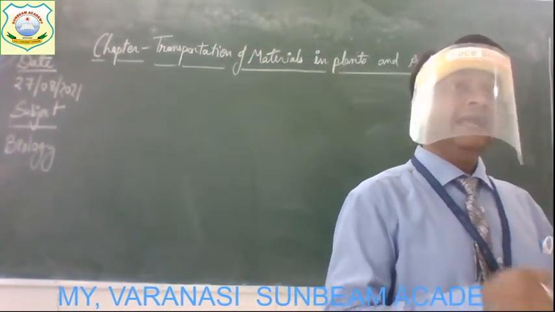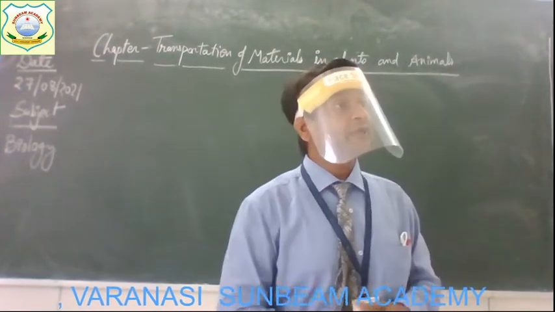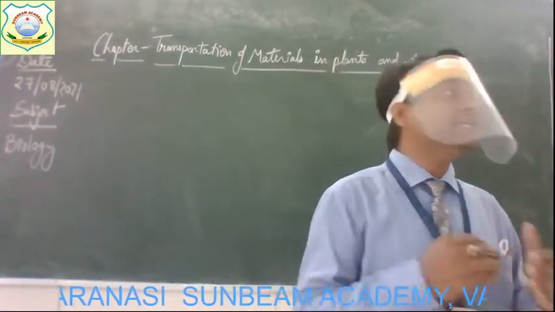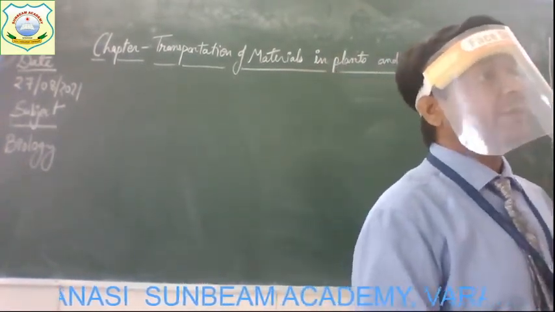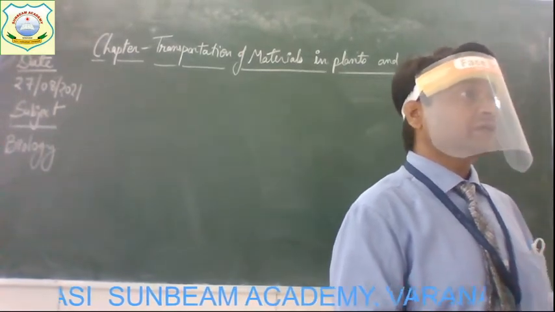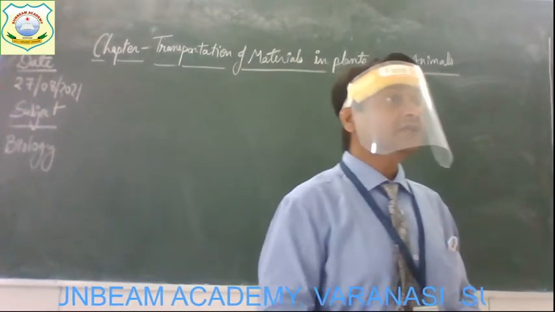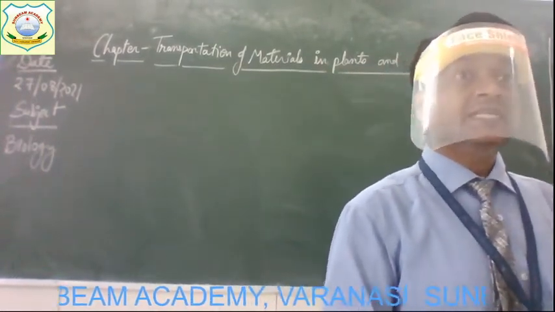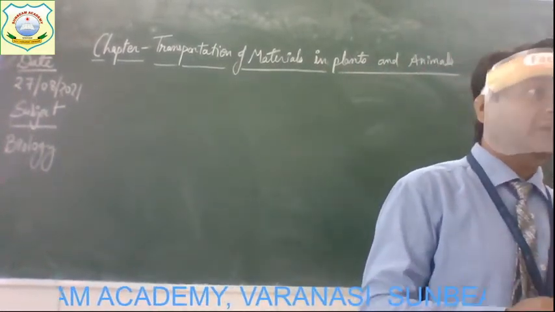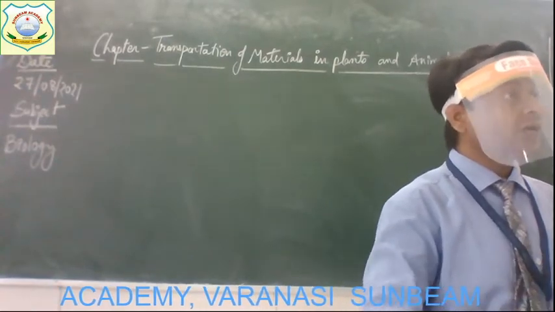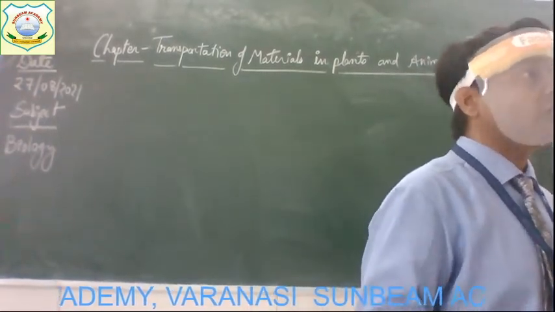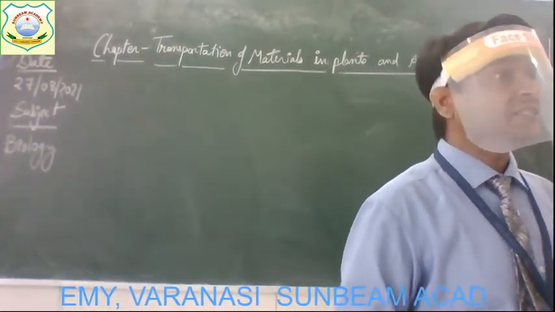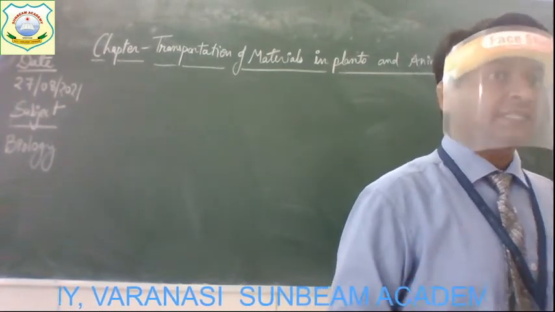Alright. And now we have to discuss in detail the transportation of materials in humans. So yesterday I discussed that in humans there is a system present in the body which is responsible for transportation of all the materials in the body, and the name of that system is circulatory system.